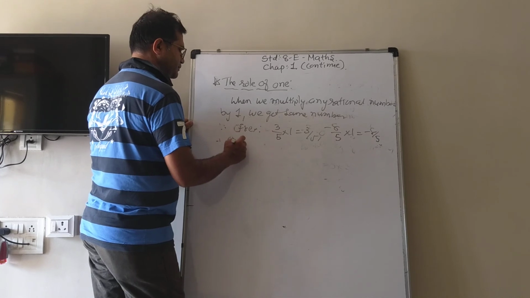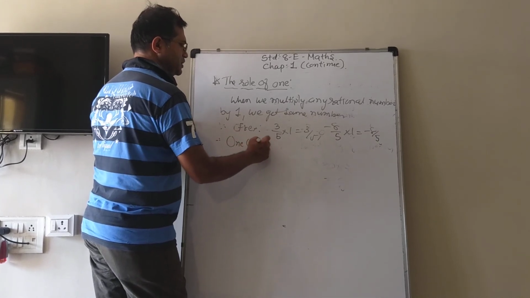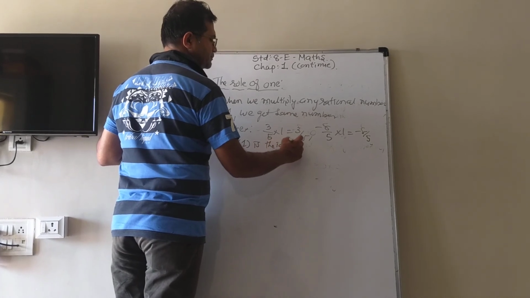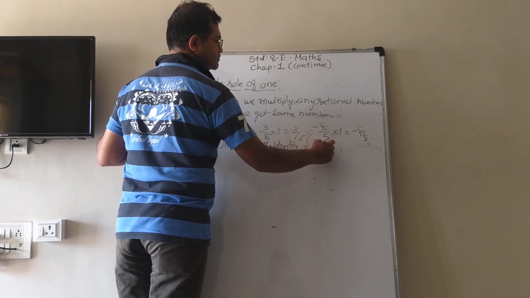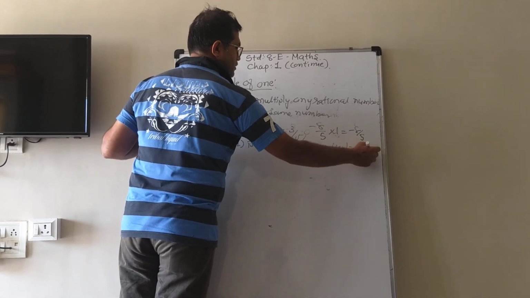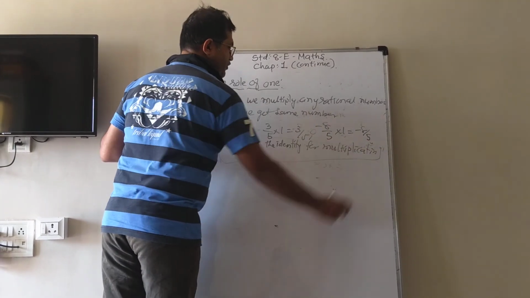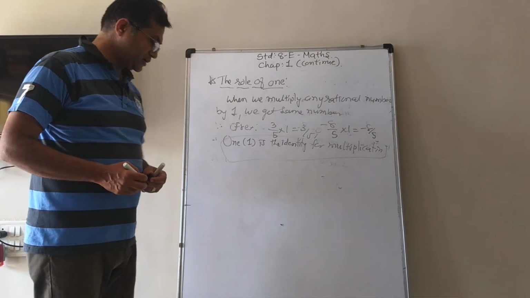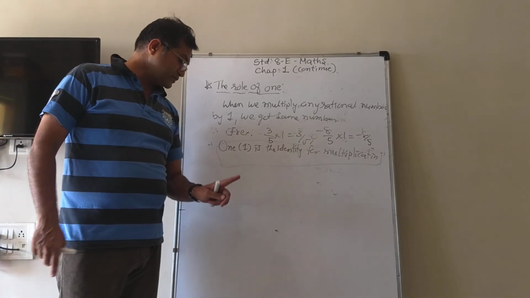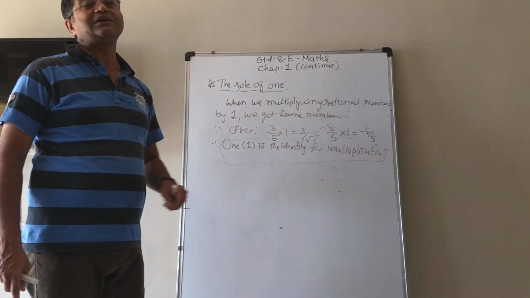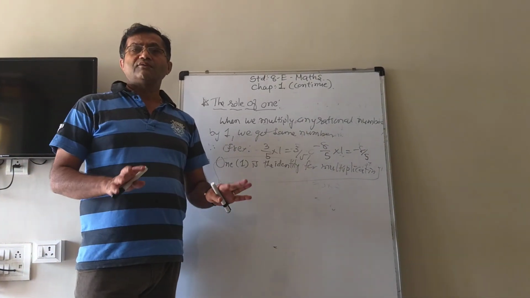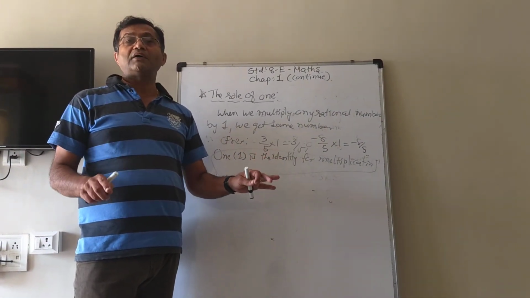Therefore, 1 is the identity for multiplication. 0 was the identity for addition, but here 1 is the identity of the rational numbers for the multiplication. So here we are going to stop our session.